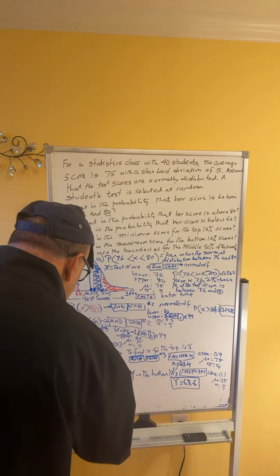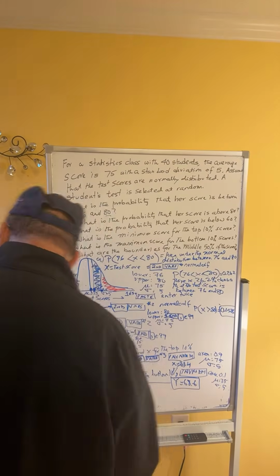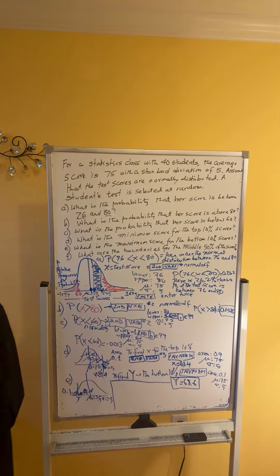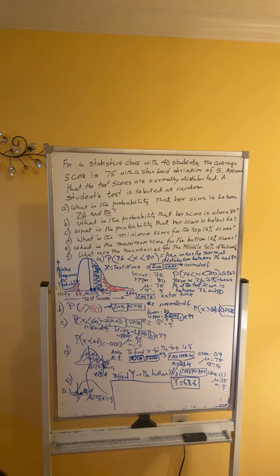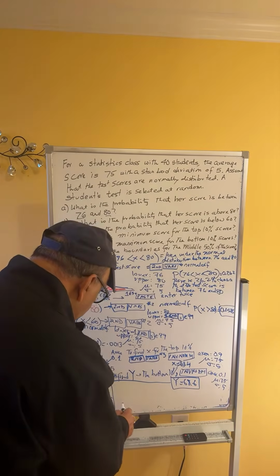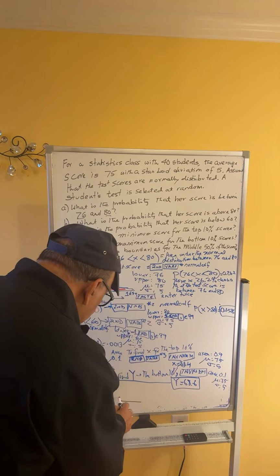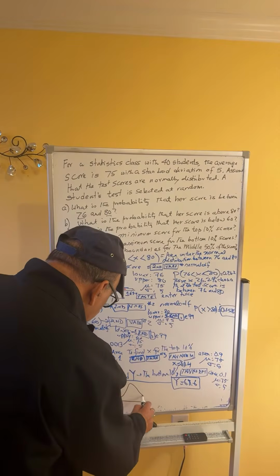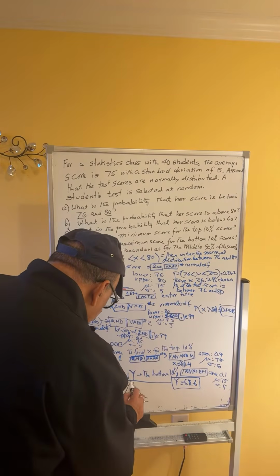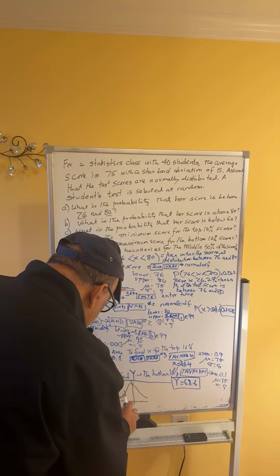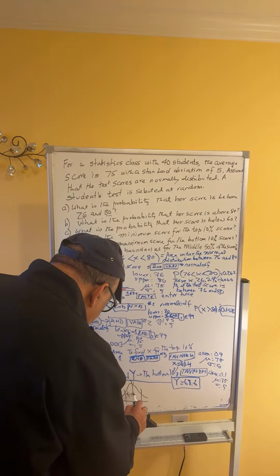So that was E. Let me do F over here. Let me try to use a different color paint so that there is no confusion. Okay, middle 50%. That means the area in the center is 0.5.